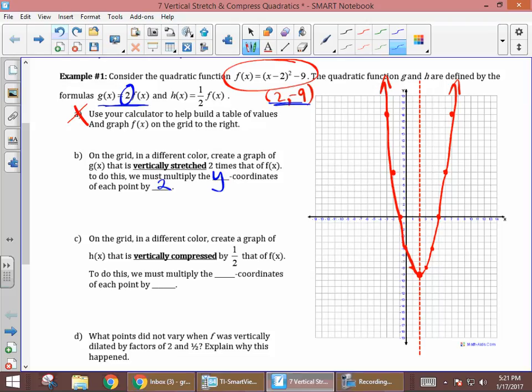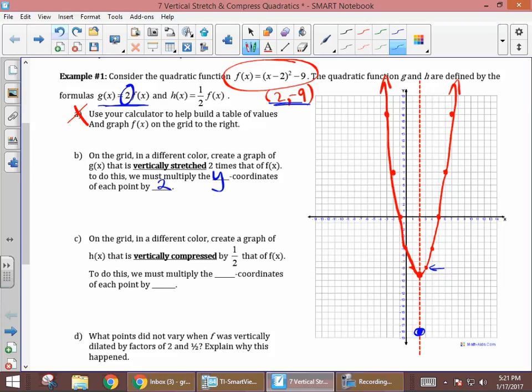All right, so if you look, the vertex, that point right there, it is 9 away from the x-axis. If I double that, it'll bring me down to negative 18. That is the new vertex. This point here is at negative 8.